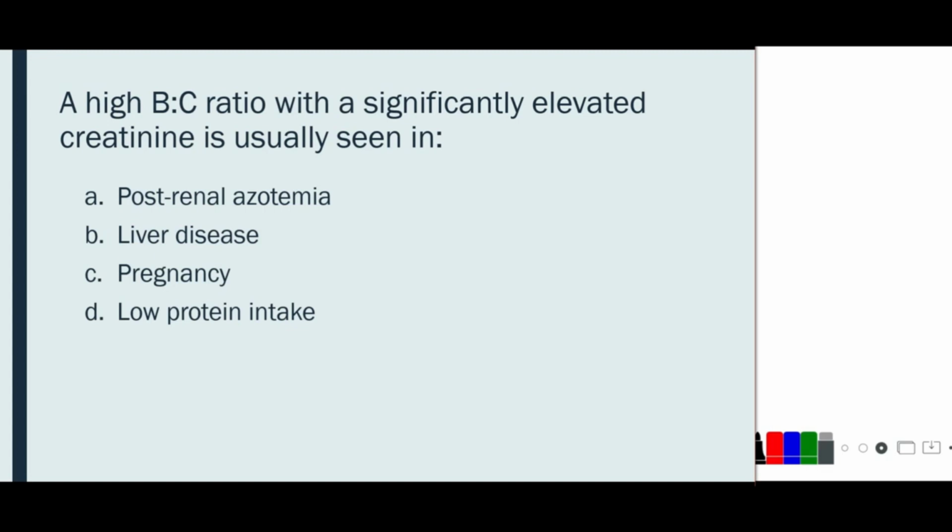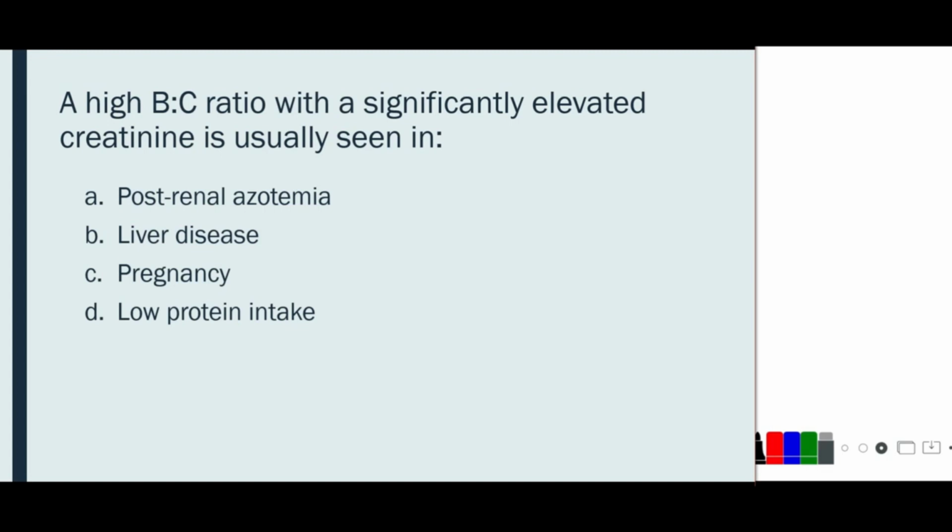Usually, if the patient is suspected to have renal problems, one of the tests requested would be your creatinine, and it would usually be accompanied with testing for the BUN level. And the determination of the ratio between your BUN and creatinine would be of great help in specifically identifying what is the problem with the patient's kidney.